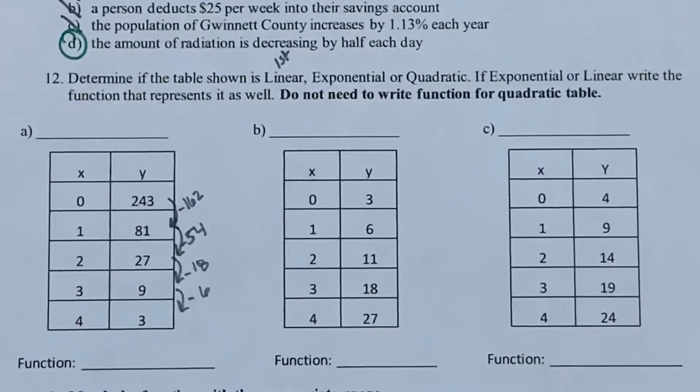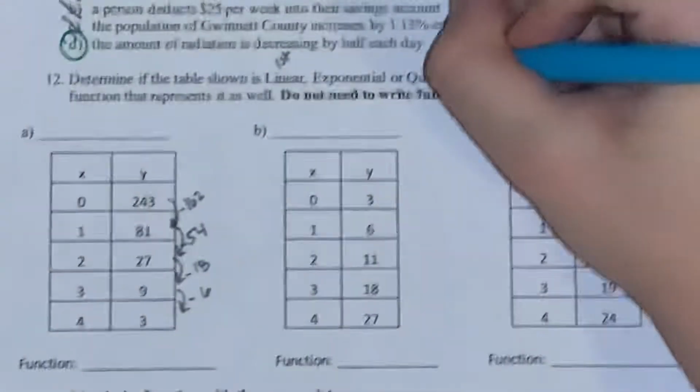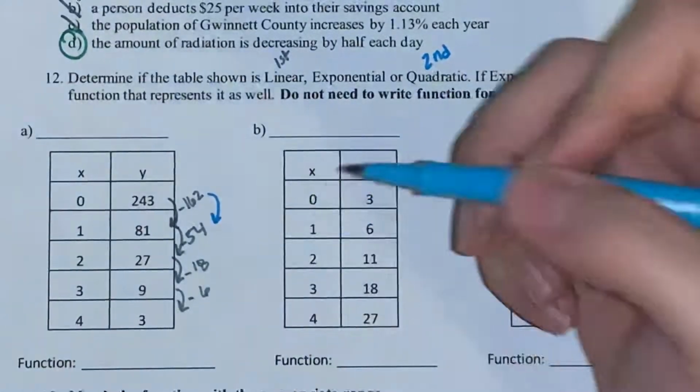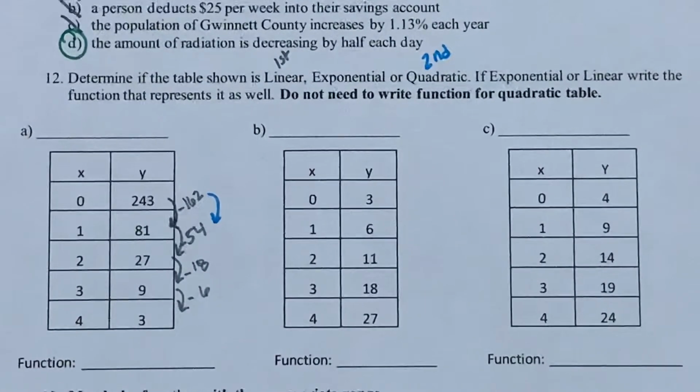Next thing to check in my eyes would be the second differences, which is testing for quadratics. So from negative 162 to negative 54, a change of 108.